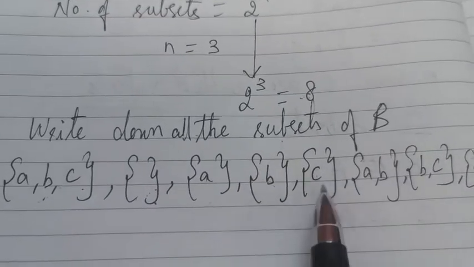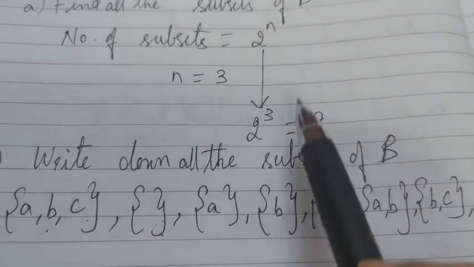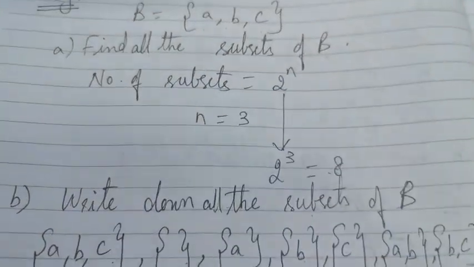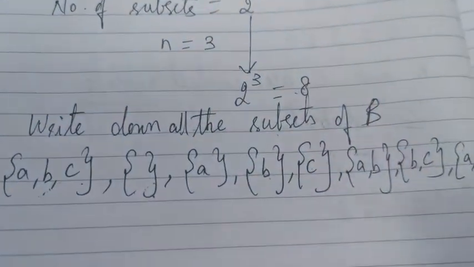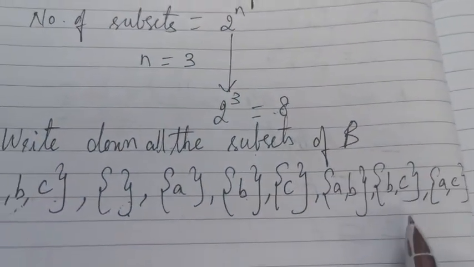So we got our 8 subsets. Now remember, the set itself and an empty set are subsets of a given set.